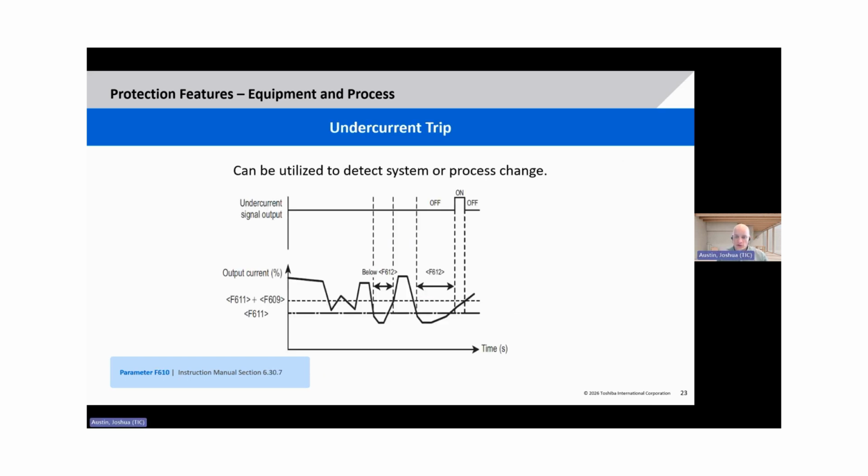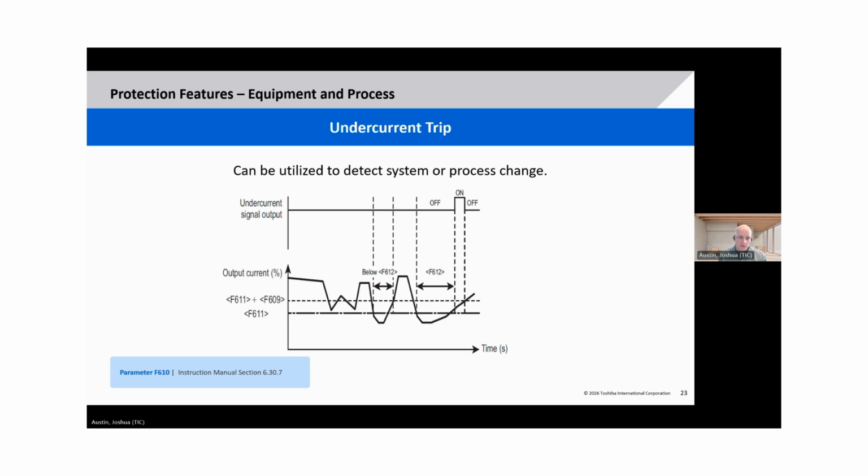The next feature is undercurrent trip. There are applications where the drive is controlling the motor, and then the motor may be connected to a pulley or a belt that is connected to the rest of the driven equipment.